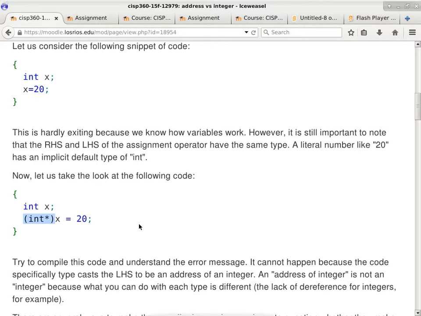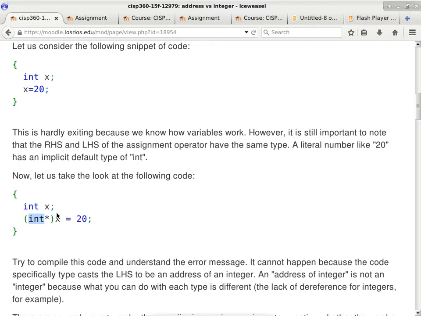In other words, we are telling the compiler, forget about what you knew about x, okay? I'm telling you, treat x as if it's a pointer to an integer, or an address of an integer. This is where the syntax of C gets a little bit confusing because you have to read it backwards. Because this asterisk means it is an address of what?